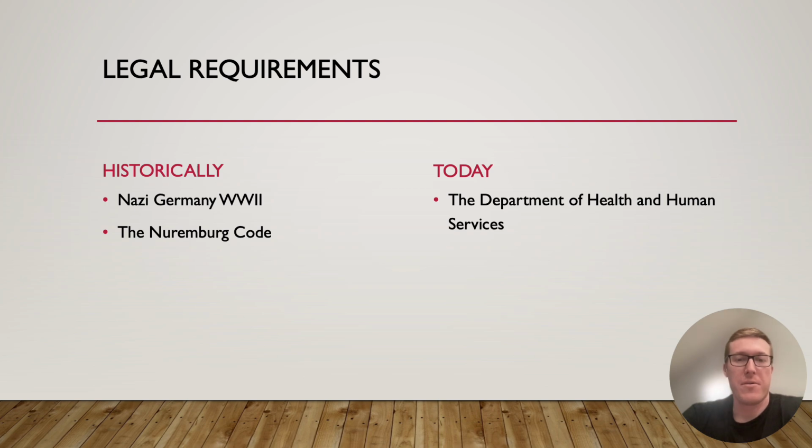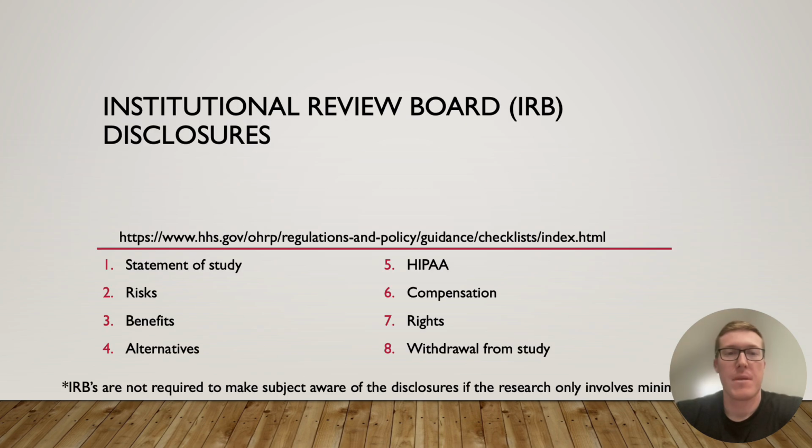The Department of Health and Human Services today regulates human research in the United States. The IRB, or the Institutional Review Board, falls under the DHHS and is required to inform any participants in research of these disclosures. 1.